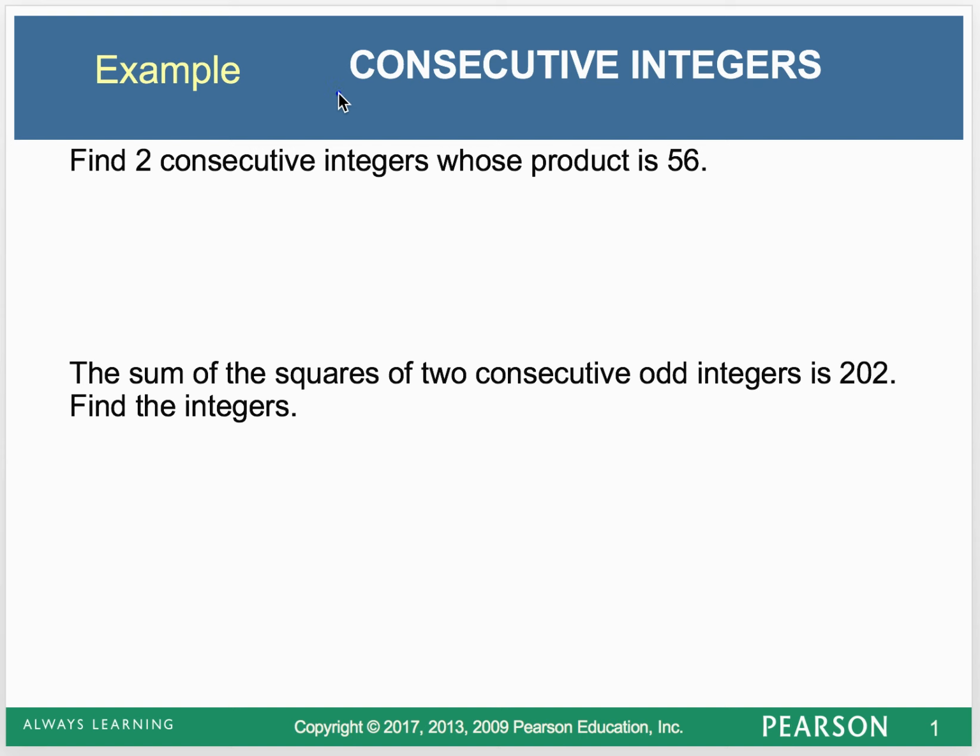And one is this idea of, what does it mean when your problem talks about consecutive integers? Consecutive means things falling right in a row. So if you're talking about consecutive integers, then 5, 6, 7, 8, 21, 22, 23. So numbers right in a row.